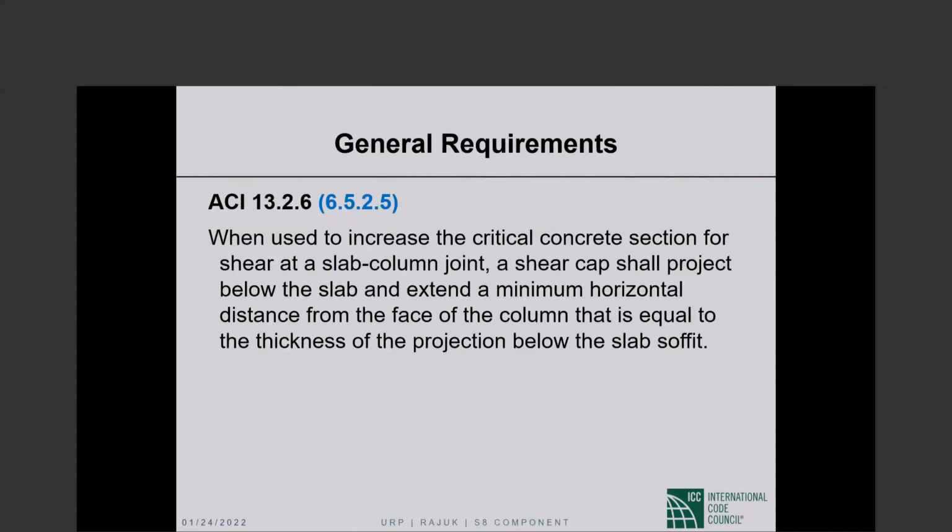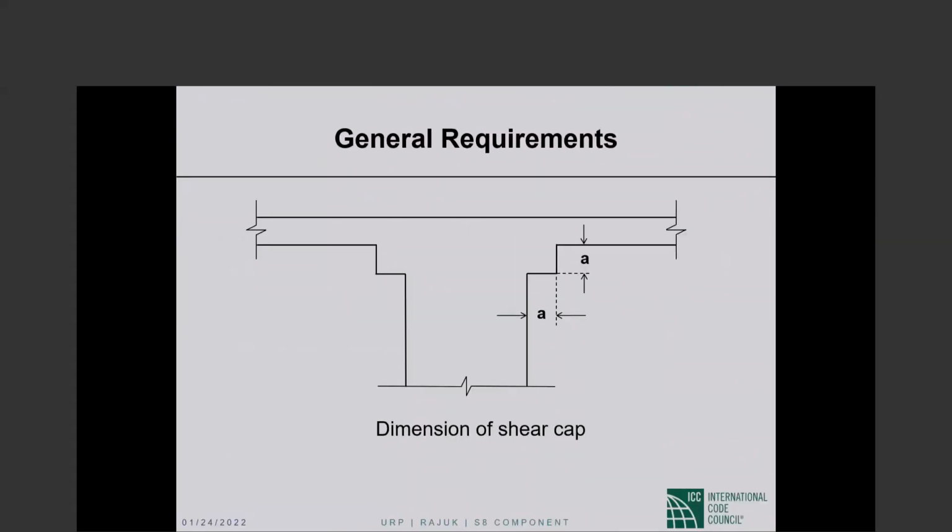When used to increase the critical concrete section for shear at a slab column joint, okay? So if we are not trying to decrease the reinforcement of the bending moment, our purpose is only to increase shear capacity, then the projection is called a shear cap, not a drop panel anymore. And a shear cap also has dimensional limitations.